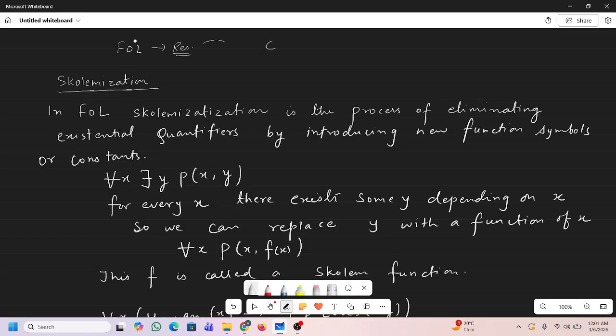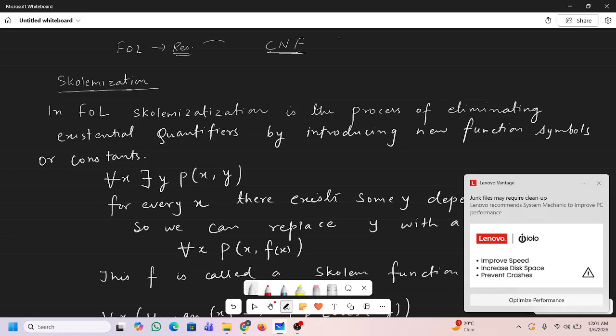In CNF form, existential quantifiers are not allowed. Why are they not allowed? Because in existential you can see that we don't want any quantifiers, right?